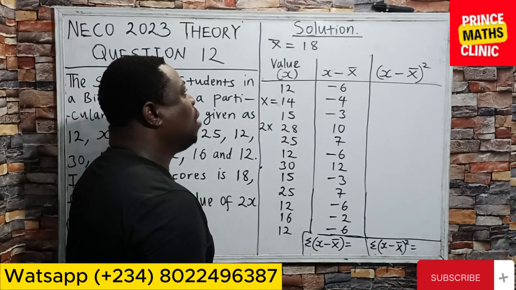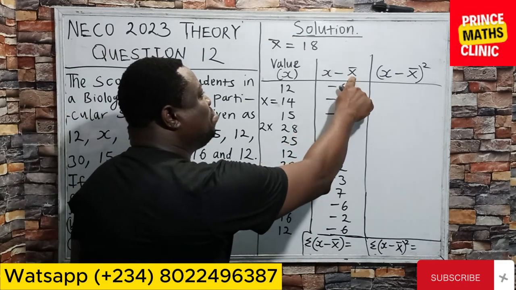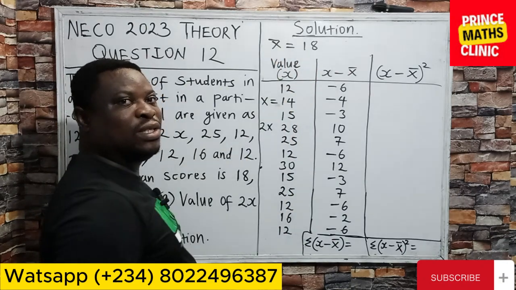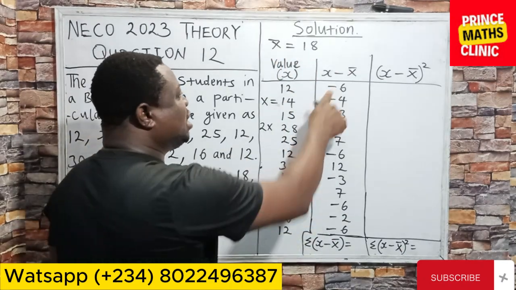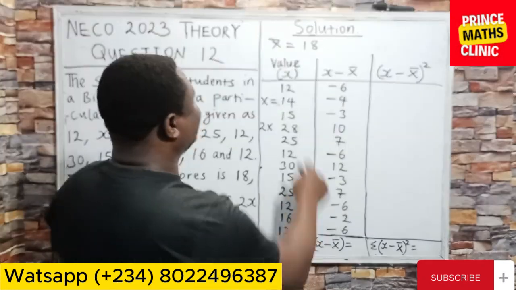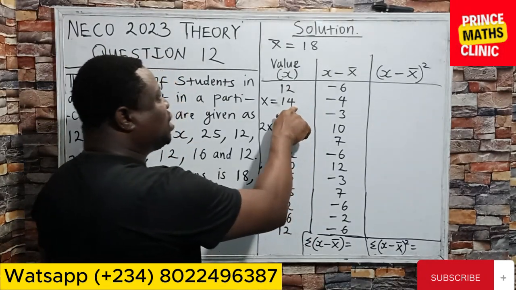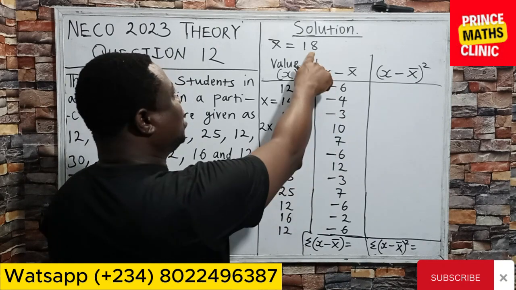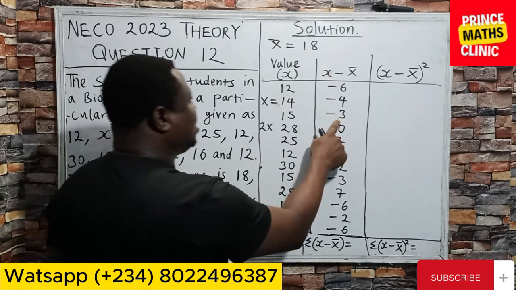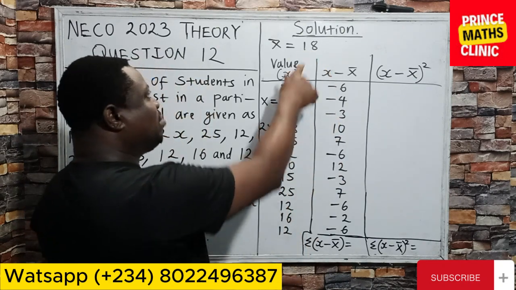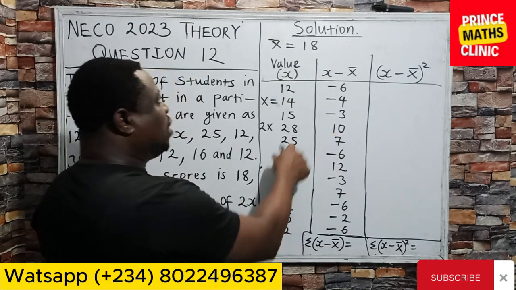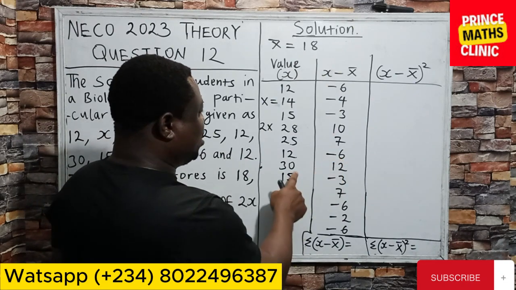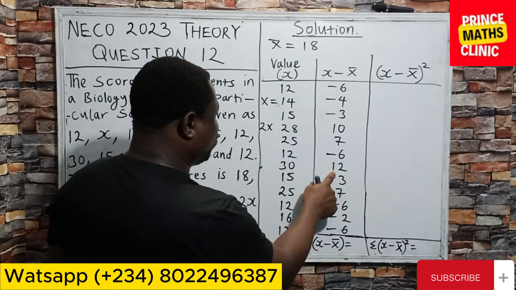Then, to obtain x minus the mean, you just do 12 minus 18, which is negative 6. And you do the same thing here. 14 minus 18 is negative 4. 15 minus 18 is negative 3. 28 minus 18, you get 10. 25 minus 18, you get 7. 12 minus 18, you get negative 6. 30 minus 18, you get 12.